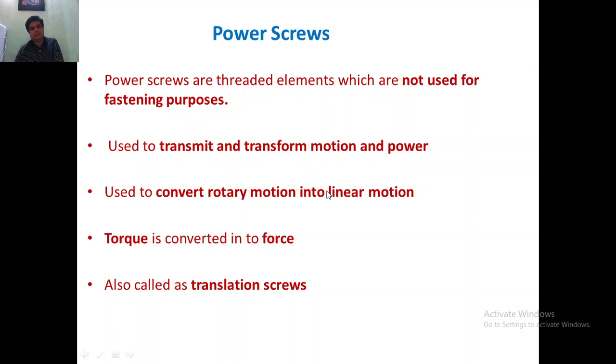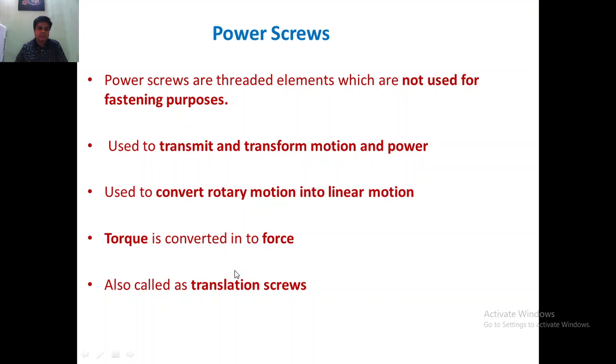That's one of the functions of the power screws. It can convert the rotary motion, or the torque, into linear motion. During this functioning, torque is converted into force. That is, whatever torque you are applying, the rotary motion is converted into linear motion or force.